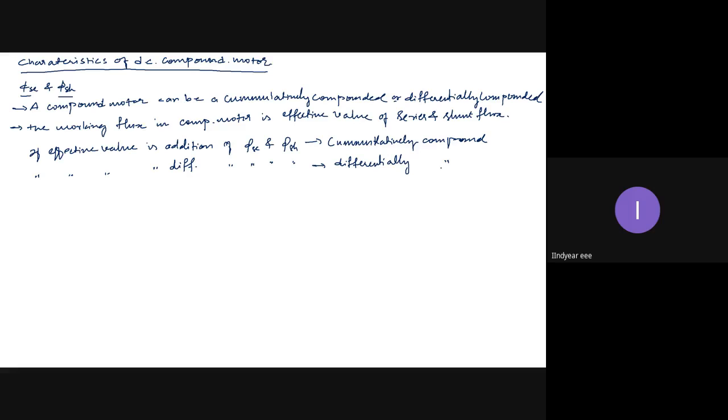Because the total flux has both the windings of series and shunt field, the characteristic of compound motor will be a combination of series and shunt motor characteristics.